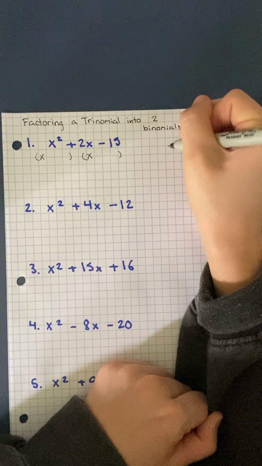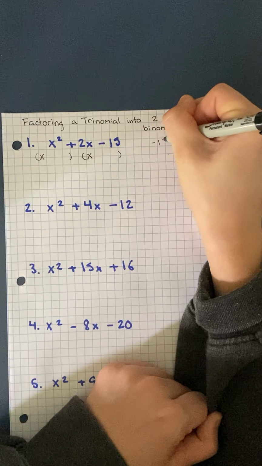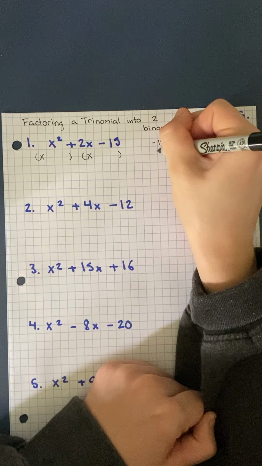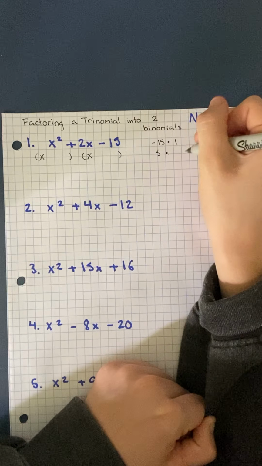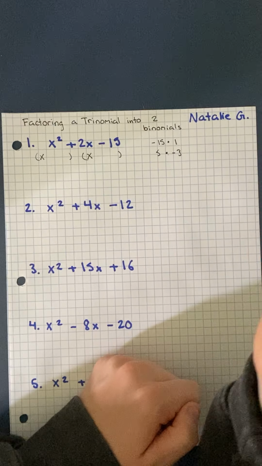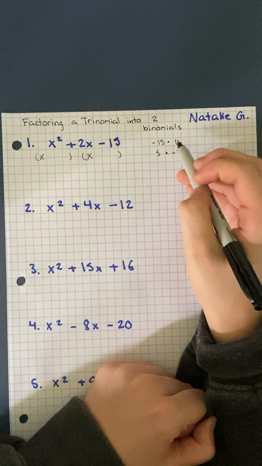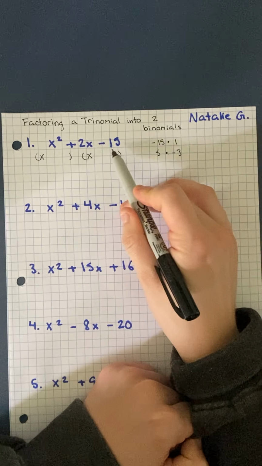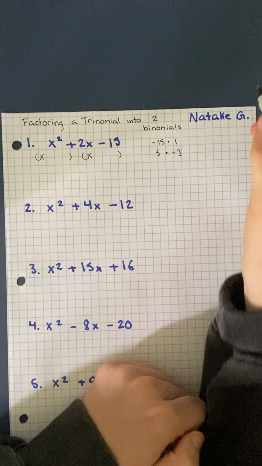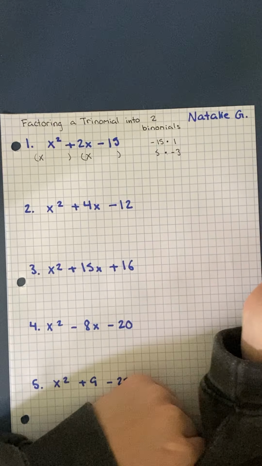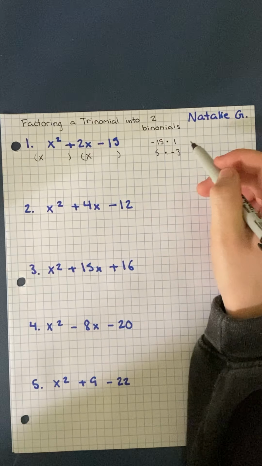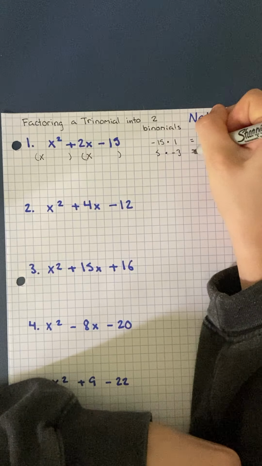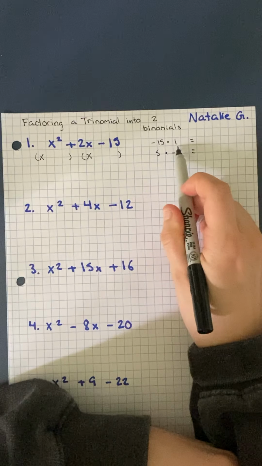So out to the side here, we could have negative 15 times 1, or we could have 5 times negative 3. These are the only two ways, obviously in opposites, that we could get this number. After looking at both ways we could get this third term, we go to the side here and find the sum of these two numbers.